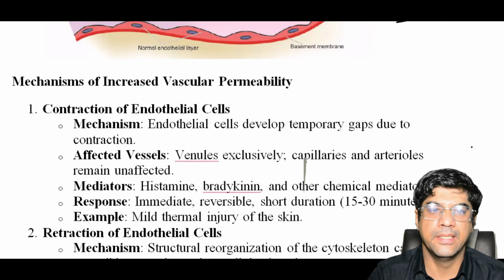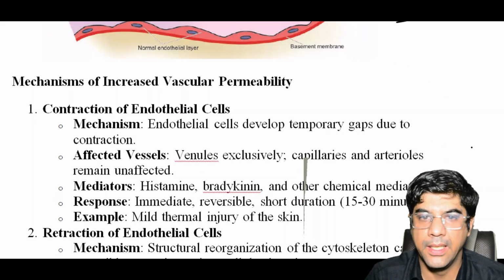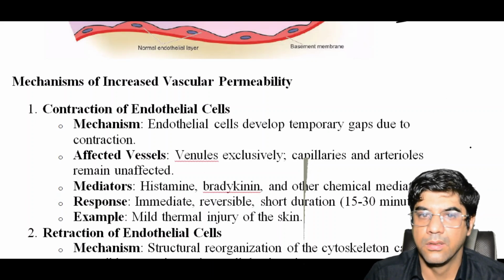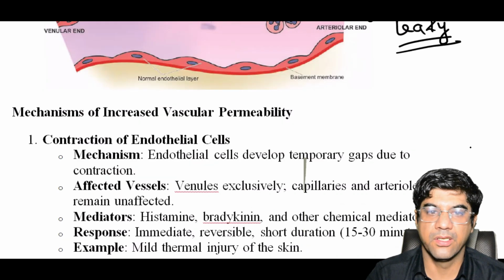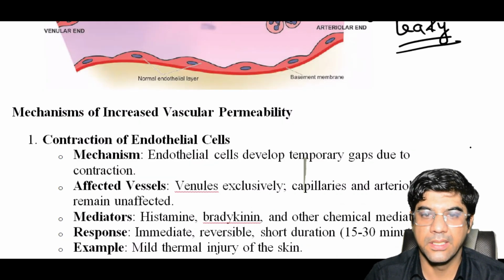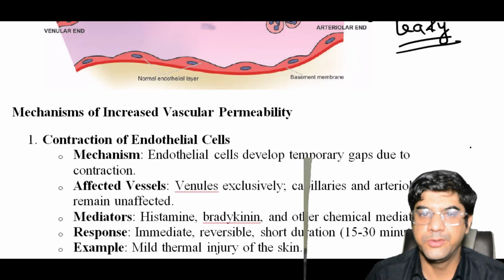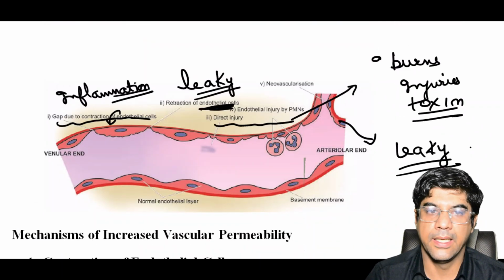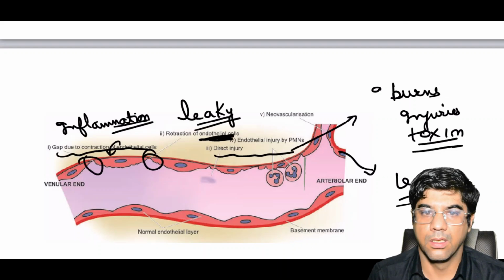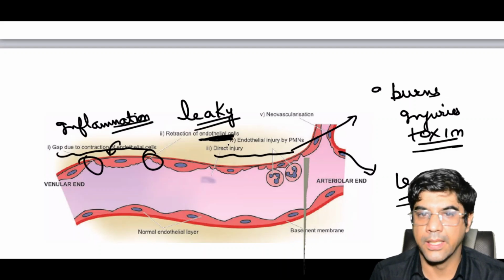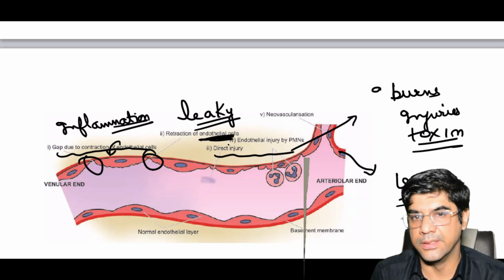Now, what could be the mechanisms of increased permeability? First is the contraction of the endothelial cells. Think of cells that squeeze together, creating temporary gaps. That occurs after minor injury. So why do you think this happens right after the injury?